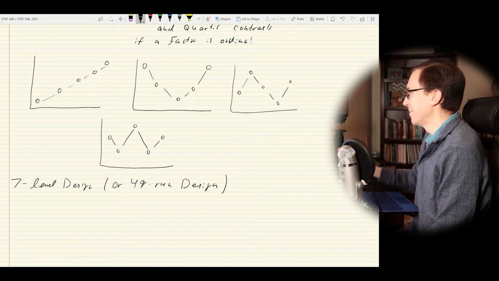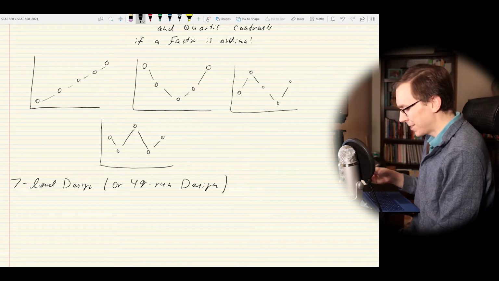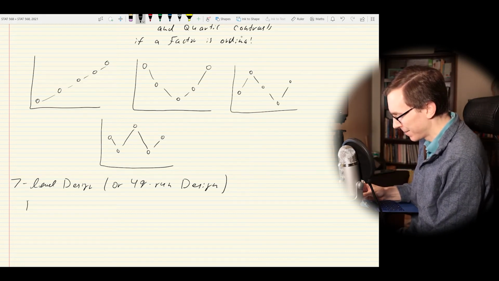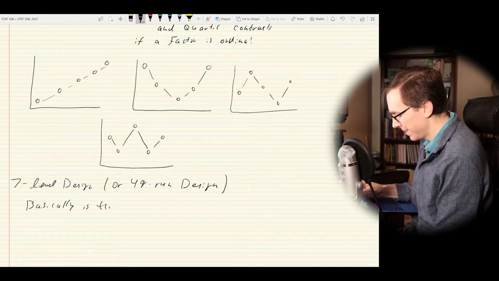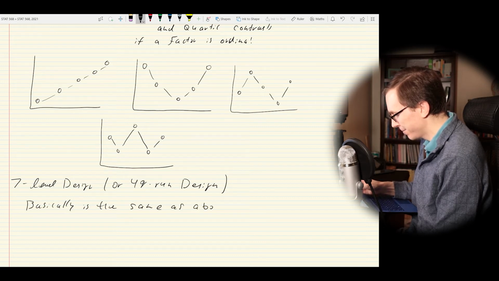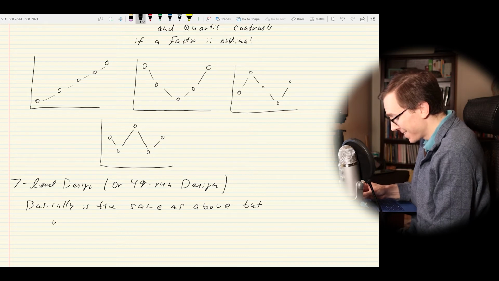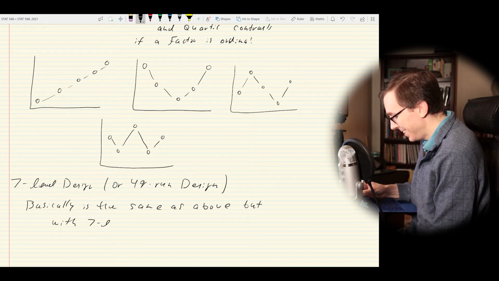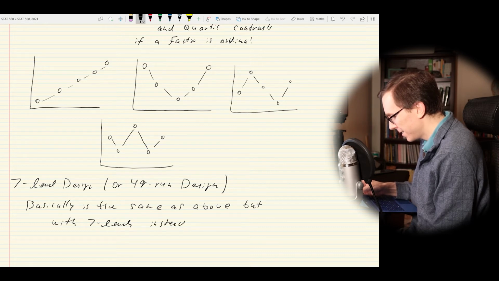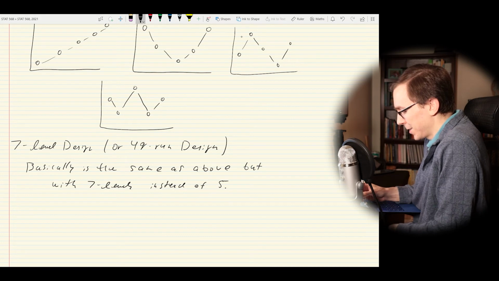So basically, this is the same as above, but with 7 levels instead of 5. And the same things hold here.